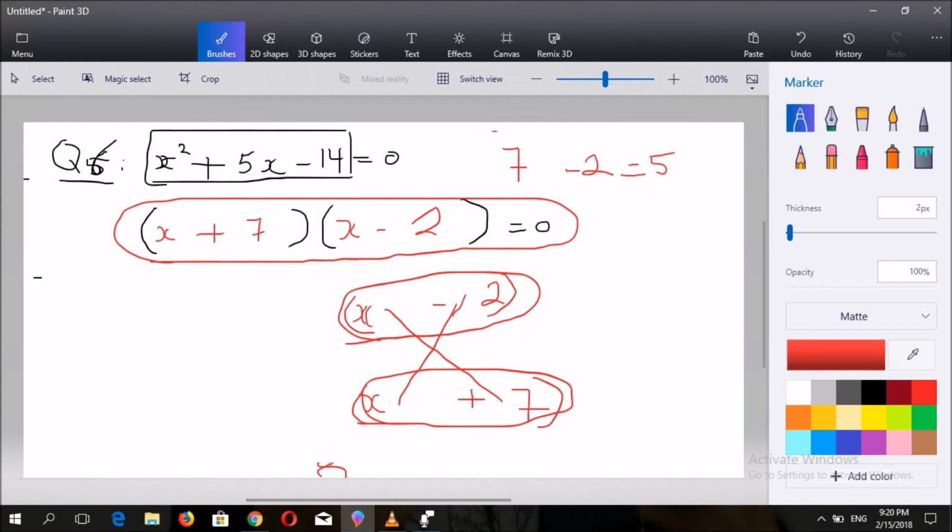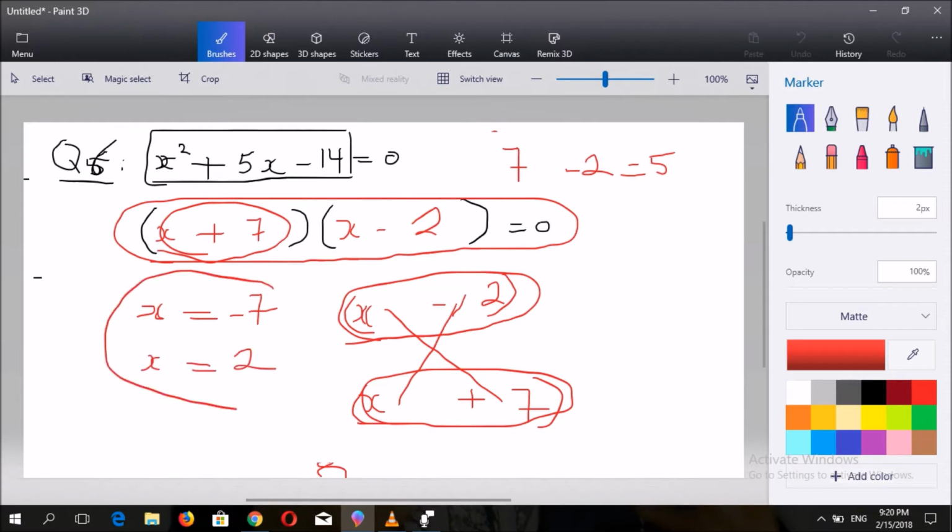Suppose that you have this equation: 5 multiplied by (x plus 2) is equal to 1 minus 3x. Suppose that you are given this equation and the question asks you to find the value or the values of x that will satisfy this equation.